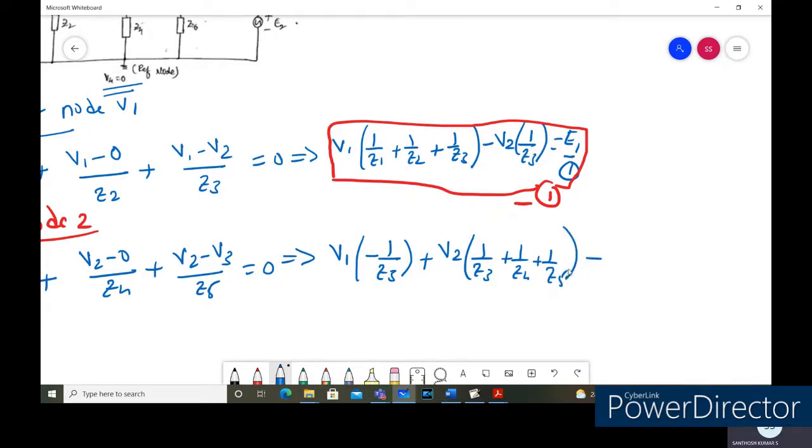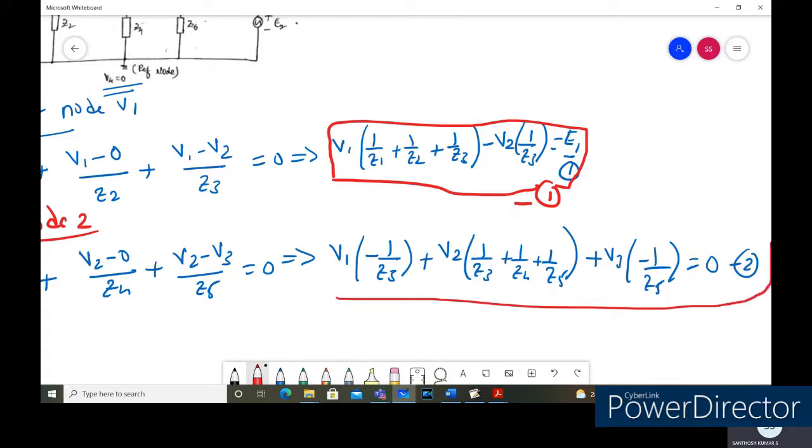And for V3, from the expression, it is V3 into minus 1 by Z5. So this is equal to 0. Let us call this equation number 2.